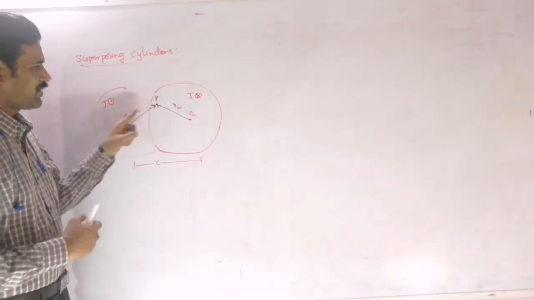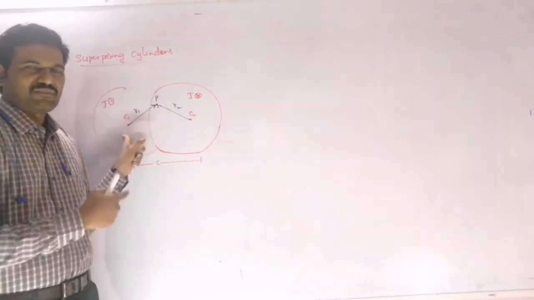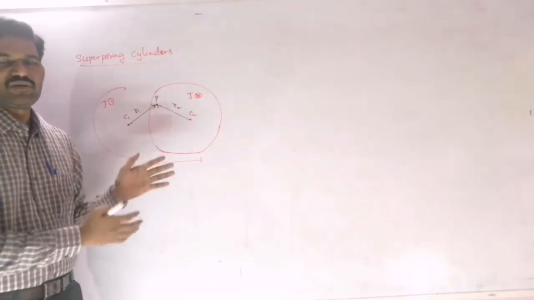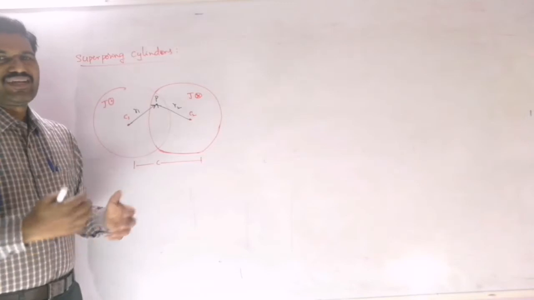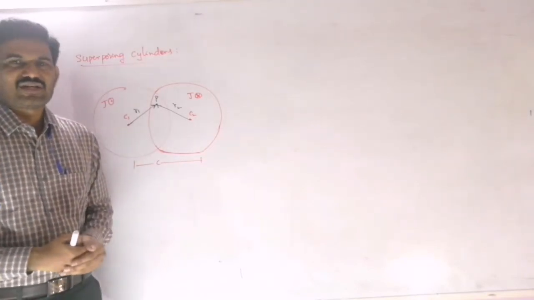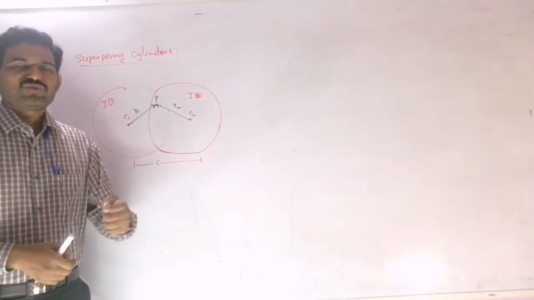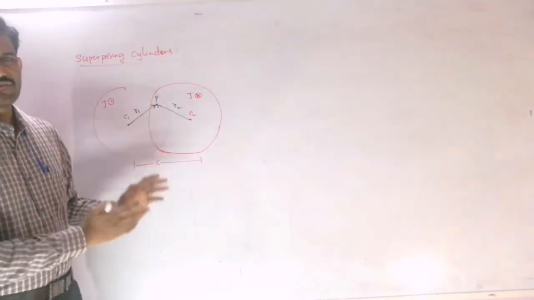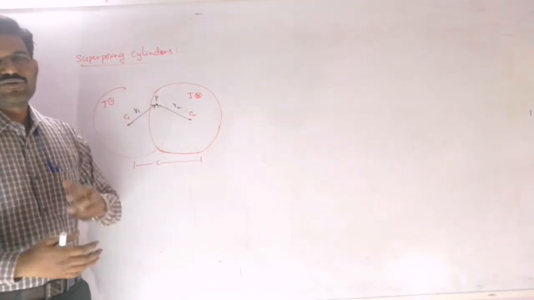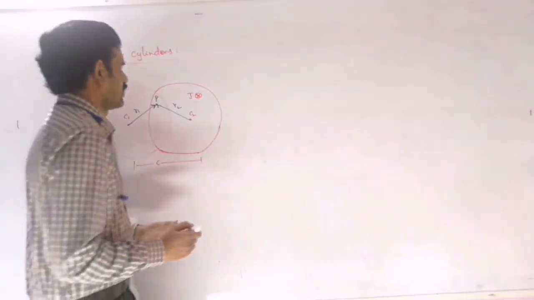This point P lies inside the first cylinder and also inside the second cylinder, so for both it is an internal point. For internal points we need to write the formula in terms of current density: mu naught by 2 into J bar cross R bar. For internal points, if you write it like that, you can solve the problems easily.